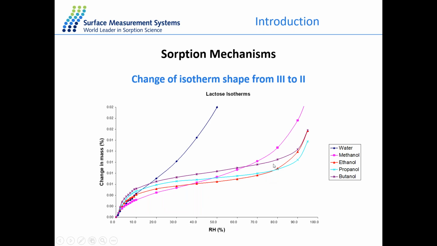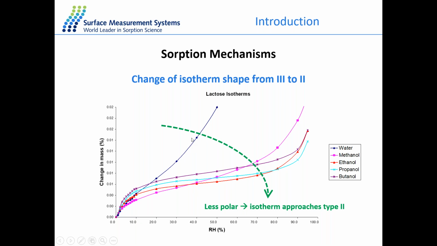So it's very important to choose the right type of probe molecule, and its interaction, to get the right type of isotherm for the calculation. For example, here with a lactose sample, with less polar molecules, the shape of the isotherm changes from the type 3 isotherm to the type 2 isotherm. So here's the water isotherm.